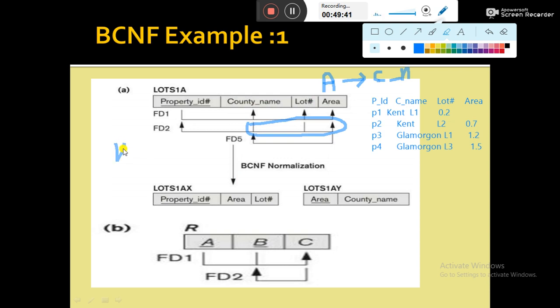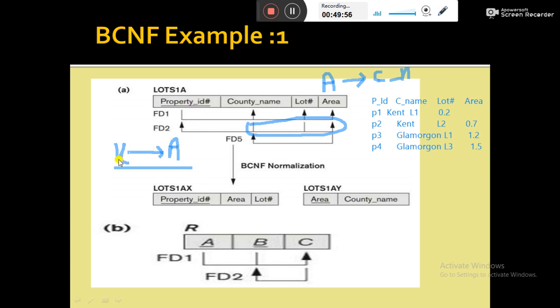Suppose the functional dependency X arrow A holds in relation R. Now if X is a super key or A is a prime attribute, then the relation R is in 3NF. Or if X is a super key, then the relation R is in BCNF.